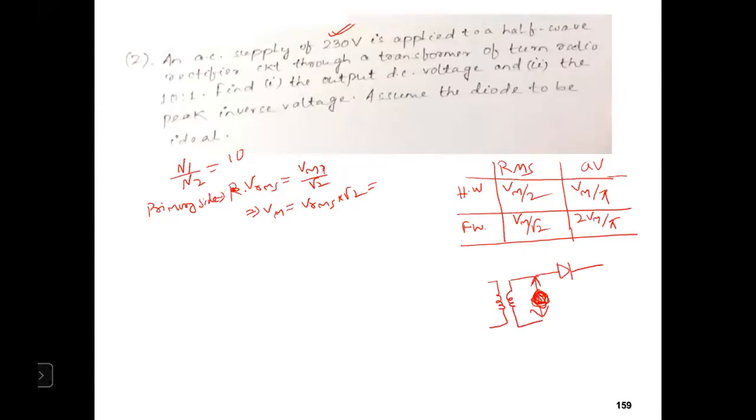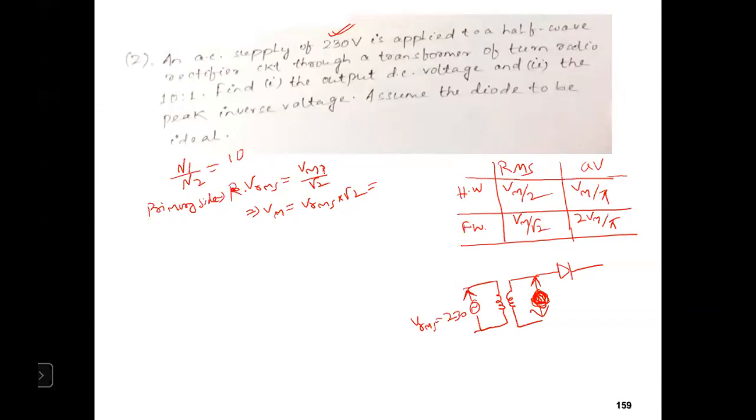So this input 230 volt is given to this transformer. So first I am finding out in the primary side how much is the Vmax. Vrms equal to 230 volt is given in the primary side, and Vm in the primary side I will find out.